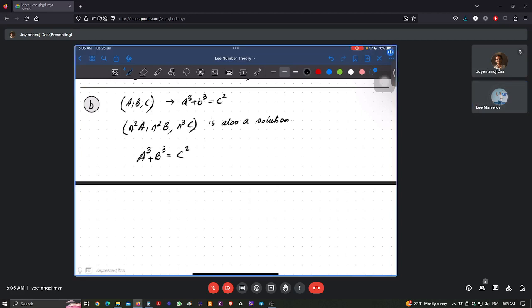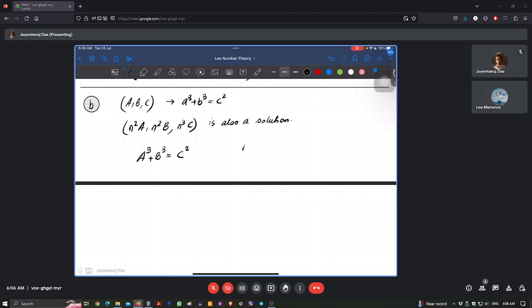Then you have to verify that this is a solution. Yes, we need to arrive from above to below. So how will you do it? Let's start by multiplying by n. So what do you have to show?